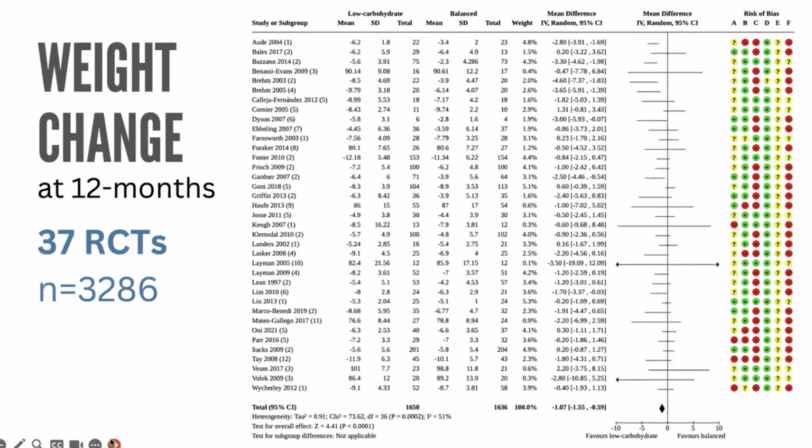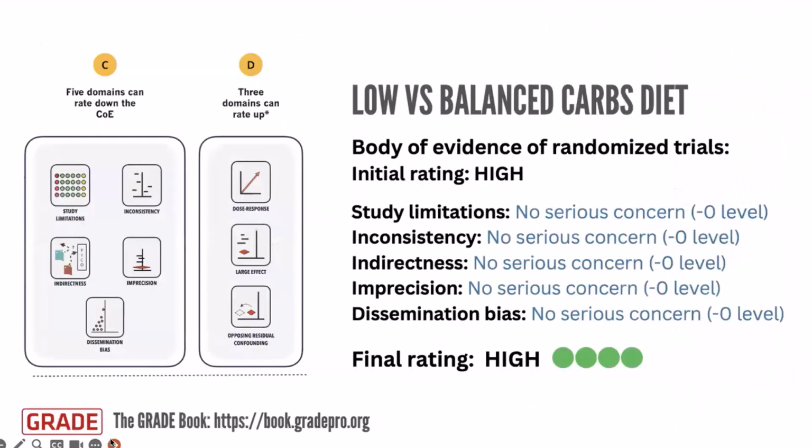There is no real inconsistency, it's just statistical inconsistency. So we can make the argument that this body of evidence is high certainty. We are very confident that there is no important difference between low carb and high carb diets, which, after seeing this result, I think is a very sensible conclusion.